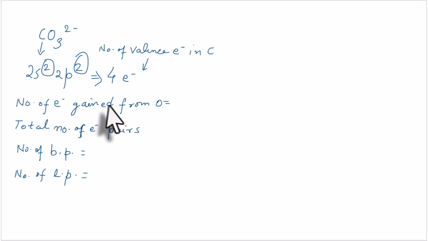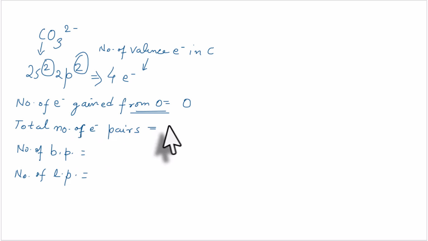Okay, then again we calculate the number of electrons gained from the bonded atoms. Bonded atoms are 3 oxygens, and these also have a probability of a double bond. So the number of electrons gained from oxygen in this molecule carbonate will be 0 because of the presence of the double bonded oxygen.